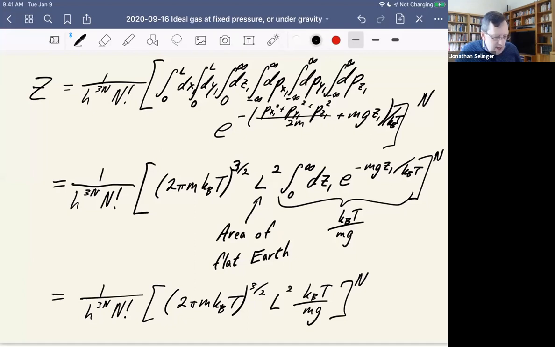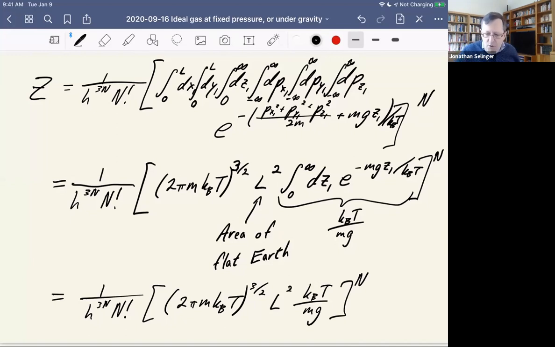This tells us something. This is now a tool that we can use to calculate stuff for the system of an ideal gas under gravity.